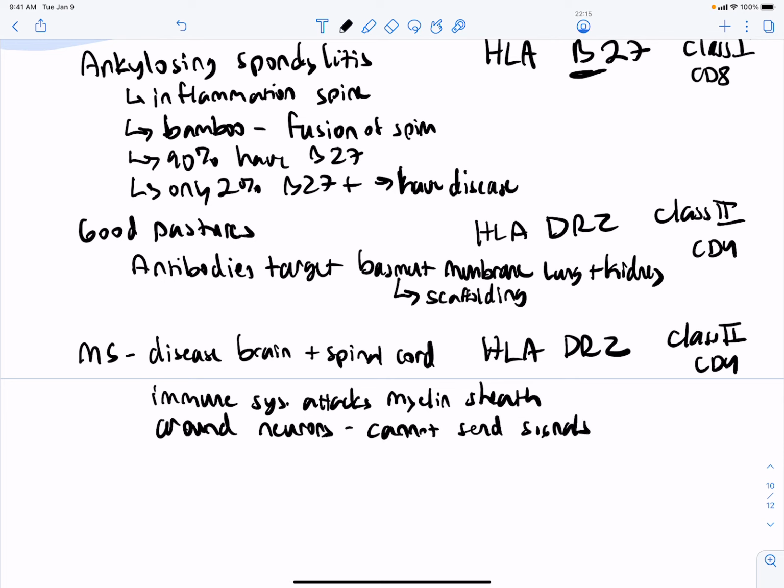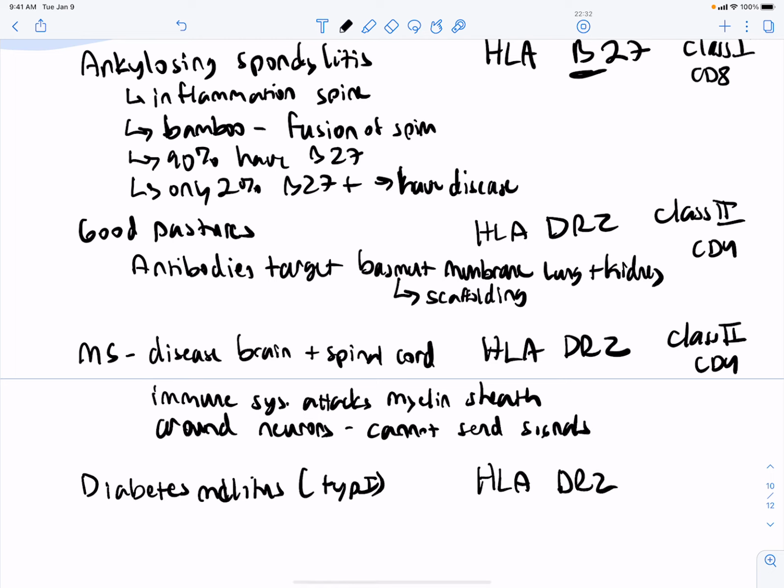And then we also have diabetes mellitus, which is also known as type 1. And this is where you have HLA-DR2 again. So this is class 2, CD4.